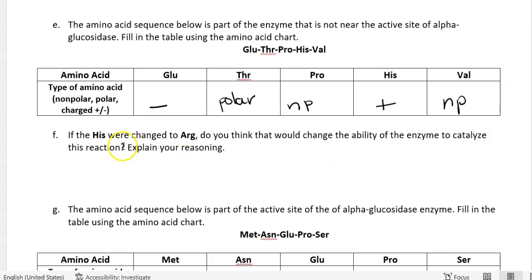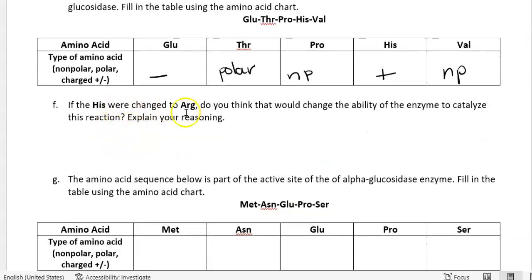So then it asks you if the his were changed to an arg, if histidine was changed to an arginine, this one right here, do you think that would change the ability of the enzyme to catalyze this reaction? Explain your reasoning. Y'all did some amazing guesstimation in class, and you guesstimated that these are both positively charged amino acids.